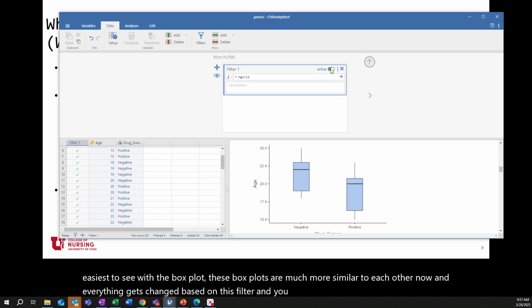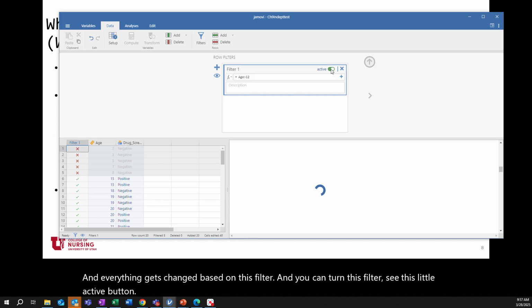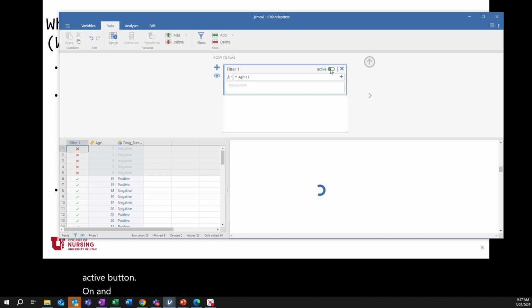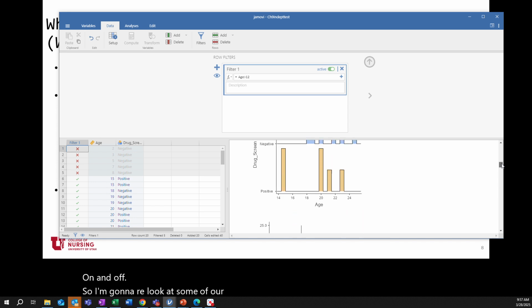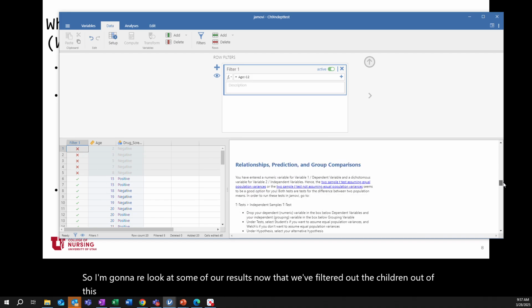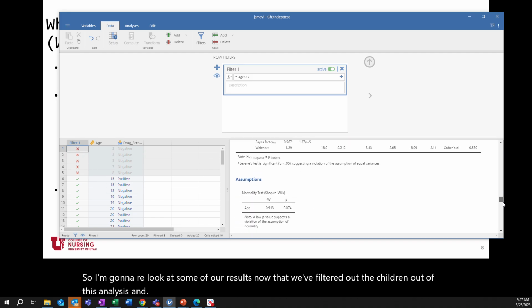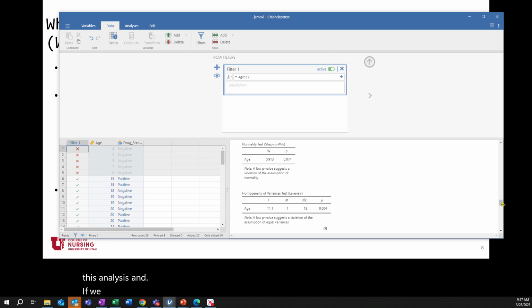And you can turn this filter, you see this little active button, on and off. I'm going to relook at some of our results now that we've filtered the children out of this analysis. If we look at our assumptions again, we still pass our normality.